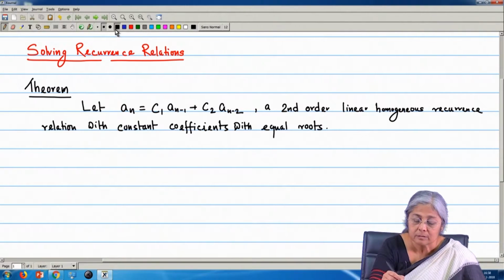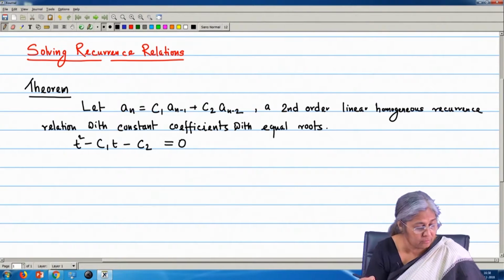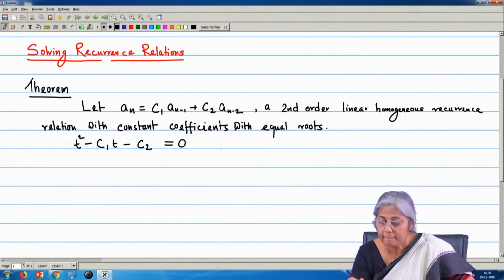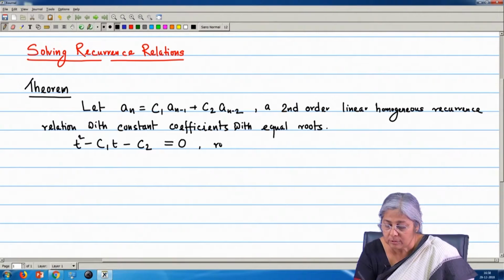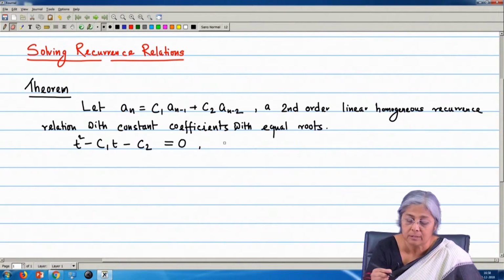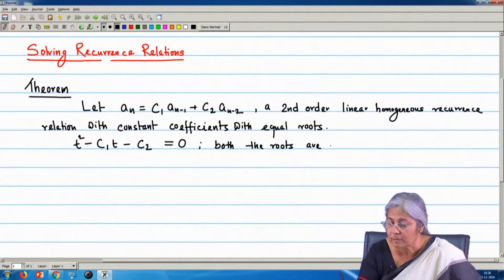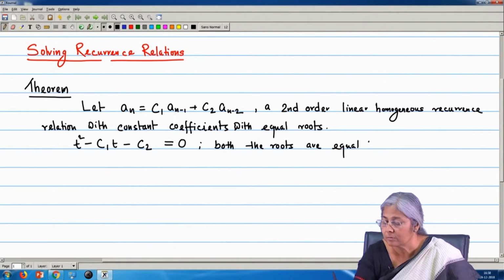Then we get the equation t square minus C1 t minus C2 equal to 0, and since the roots are equal, both the roots are equal to r.